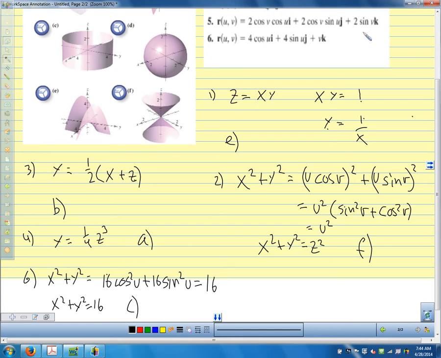For number 5, let's look at how we would deal with it. We have an idea that x, y, and z are related somehow by the Pythagorean identity. So let's do that one. Does the fact that there are cosines and sines in every part of the ijk indicate that it's somewhat spherical? It depends on the relationship between those.